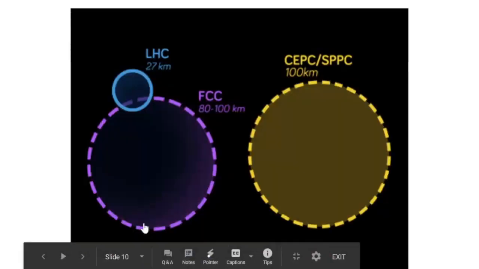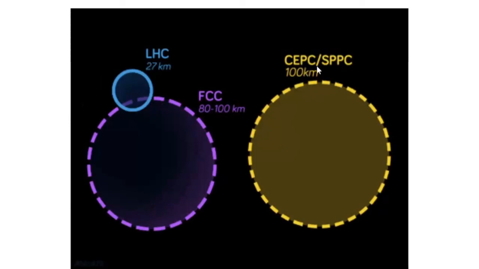So what we hope to do with this FCC and CEPC, which is the Circular Electron Positron Collider, is that the electron positron collider would be used to study the Higgs boson at much higher precision, and the FCC would be used to discover new energy ranges and new types of matter.